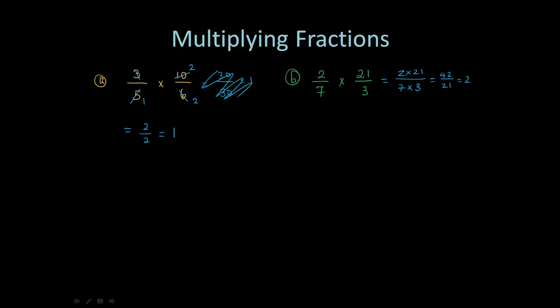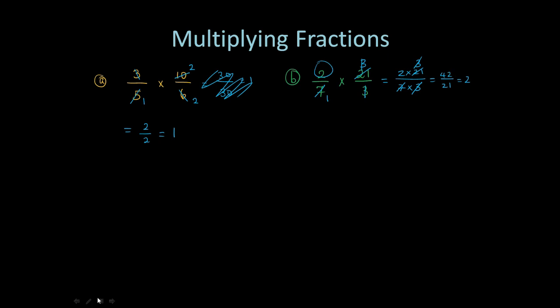You say, well, 7 goes into 7 once, and 7 can go into 21 3 times. And on top here it says 3 can go into 3 once, and you get your answer, which is 2. You could even say, well, 7 into 21 is 3, and 3 into 3 once, and your answer would be 2 without saying 42 over 21, right?